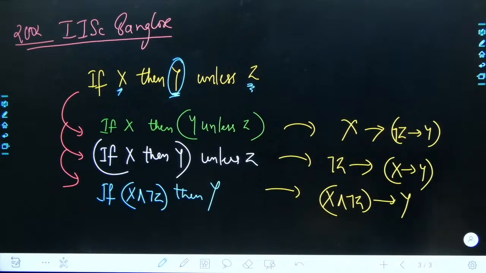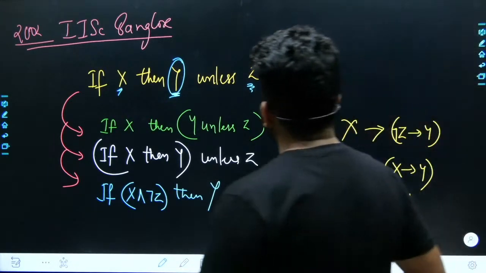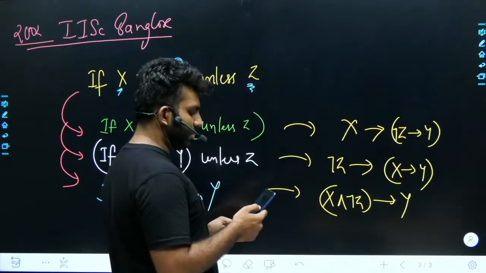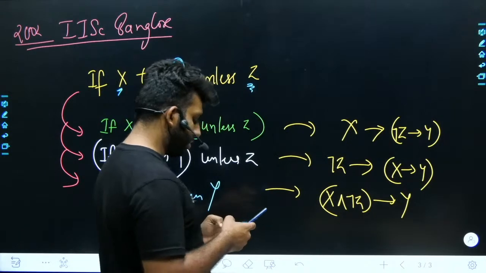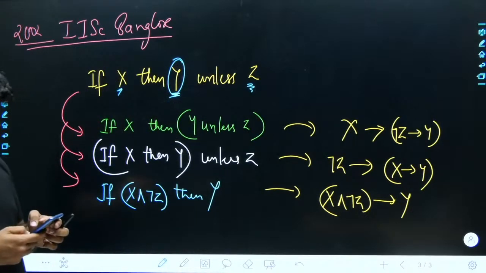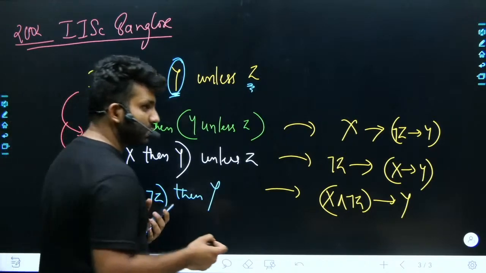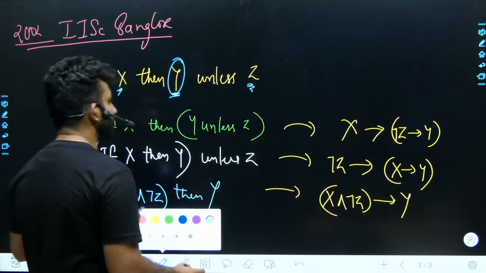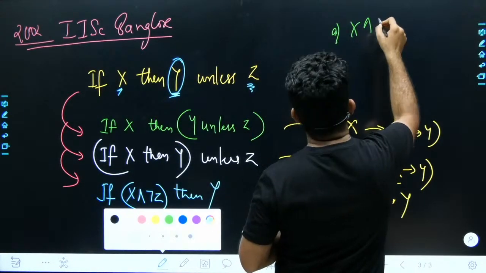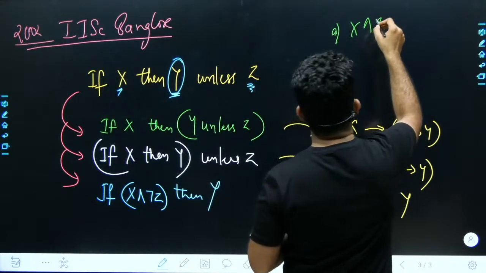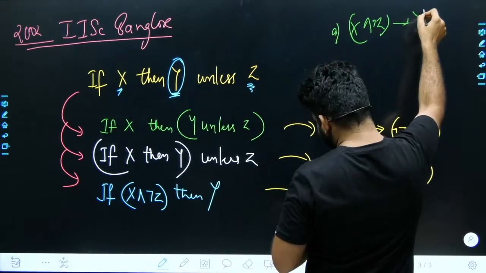Okay, so in the options there were a number of expressions written, and let me tell which one of these it was. Let me write all of these expressions. What were the options? A was x and z, negation of z implies y.